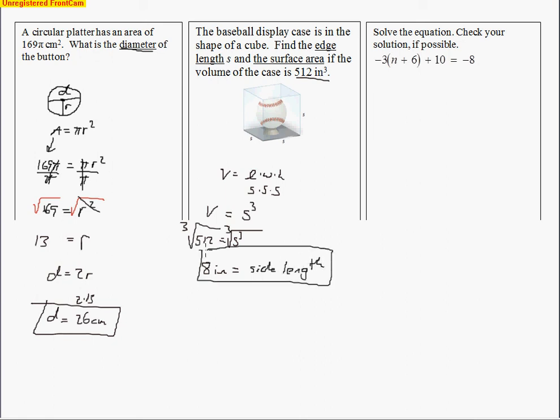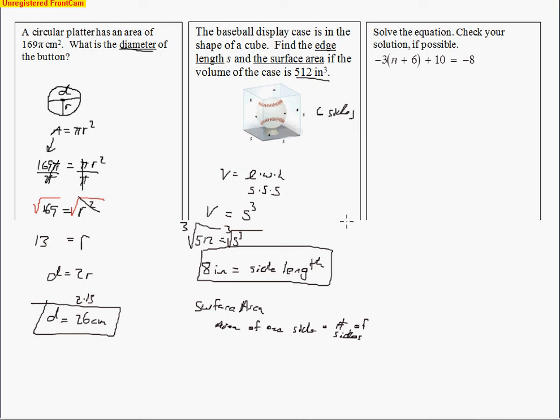And from there, I can go ahead and find out what that surface area is. So the surface area is the area of one side multiplied by the number of sides. So when we're dealing with a cube, if you notice we have a top, a bottom, a right and a left, a front and a back, and that makes 6 sides altogether.